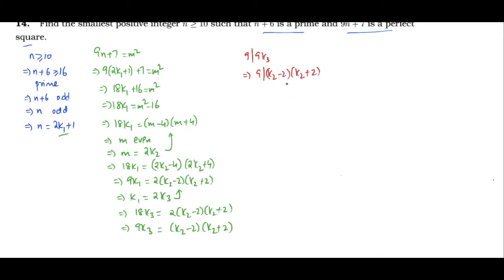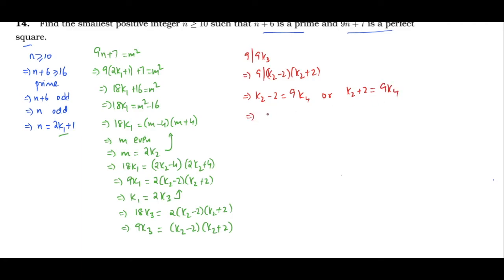This can happen in two ways. Either one of these two numbers should be a multiple of 9 or both should be a multiple of 3. Now both cannot be a multiple of 3 because they differ by 4, so one of them should be a multiple of 9. So we get k2 minus 2 is equal to some multiple of 9, or k2 plus 2 is equal to some multiple of 9.